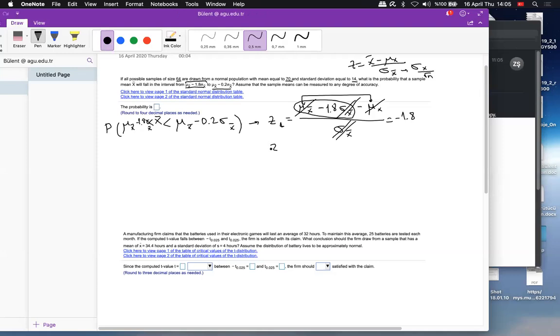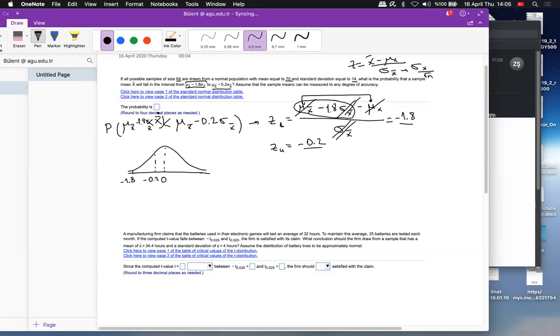How about the Z upper bound? Can you tell me the Z upper bound immediately right now? What is Z upper bound, arkadaşlar? Yes, directly I can write minus 0.2 from here. This is minus 1.8, this is minus 0.2. So I will draw my Z graph here, okay? And what does it tell me? This is 0, this is minus 0.2, this is minus 1.8. So what is being asked, arkadaşlar?